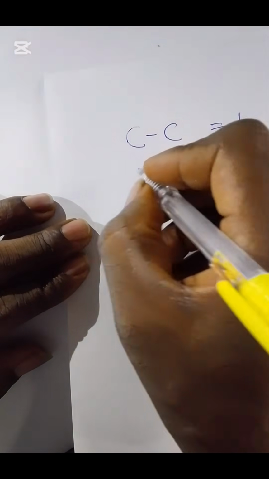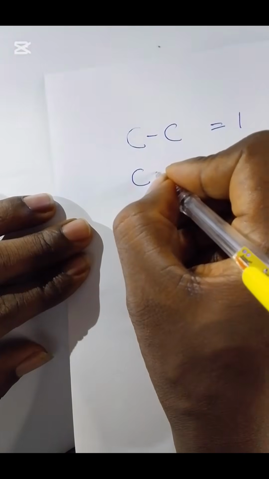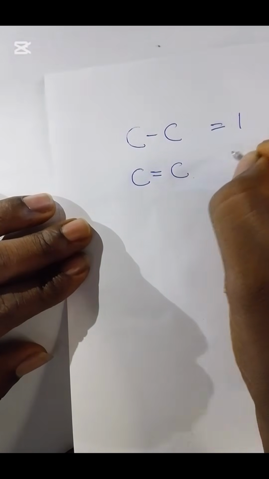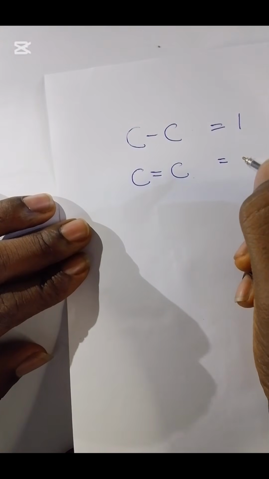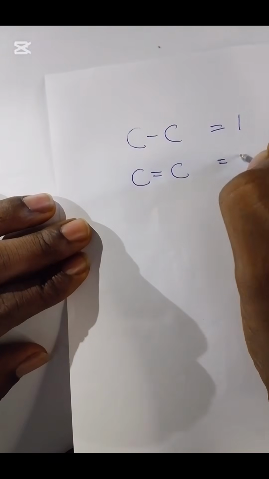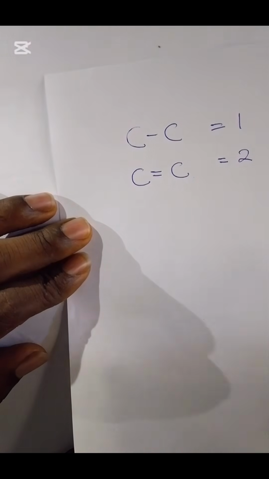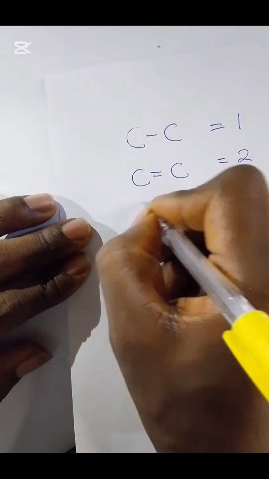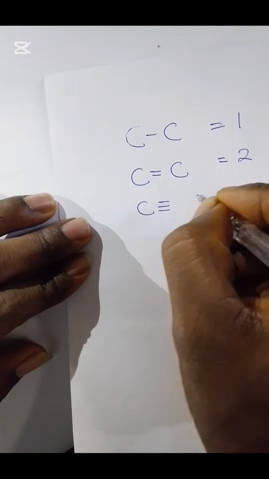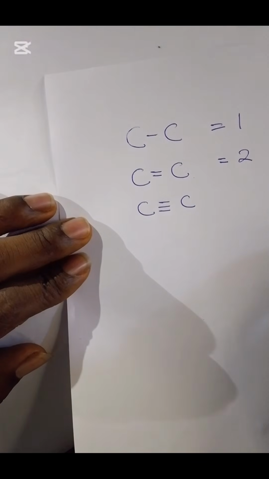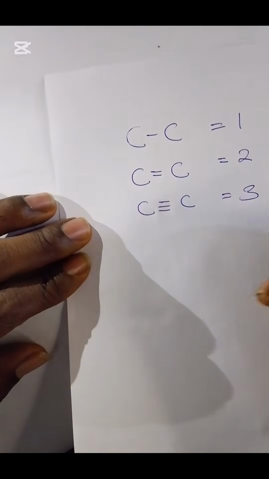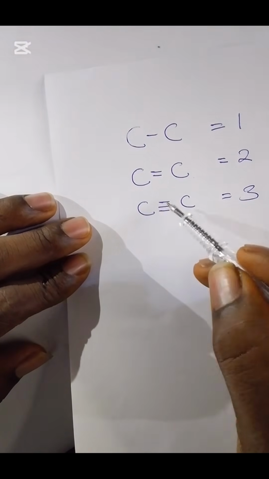Also, if I have carbon to carbon double bond, the bond order here is 2, simply because I have a double stroke. Also, if I have carbon to carbon triple bond, the bond order is 3, simply because I have 3 strokes.